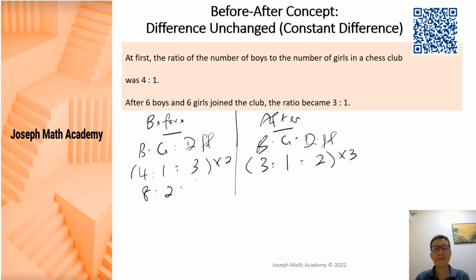So the equivalent ratio for before is 8 is to 2 is to 6, and the equivalent ratio for after is 9 is to 3 is to 6.